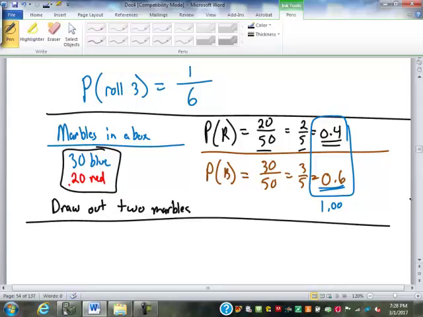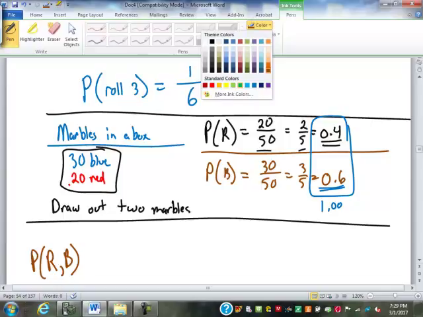Let's say we reach in and draw out 2 marbles. I want to know what is the probability of getting the first one red and the second one blue. The answer is we don't have enough information right now.